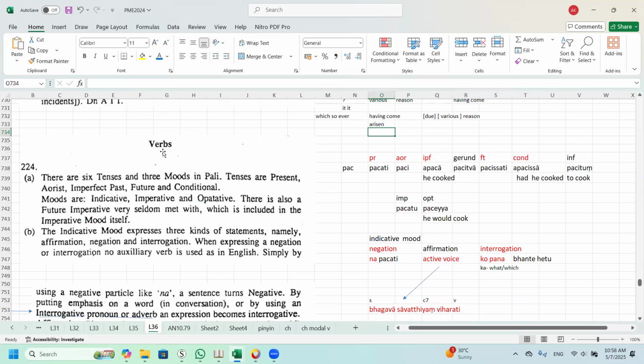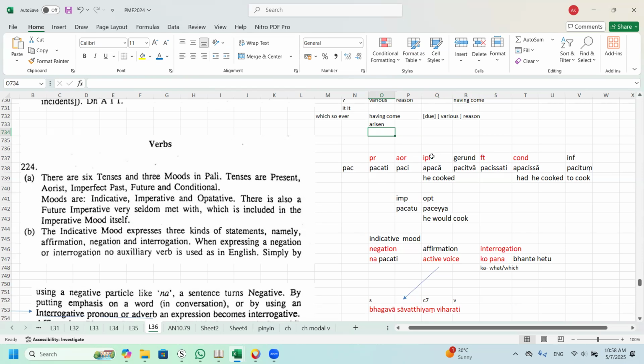Can you see the verb here? I got six here. I see, there are six tenses and three modes. If I take the word pacati, this is the root. So present tense is pacati. This is the aorist, apaci.